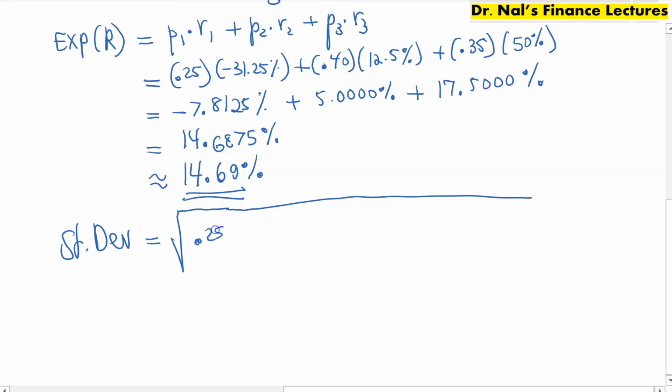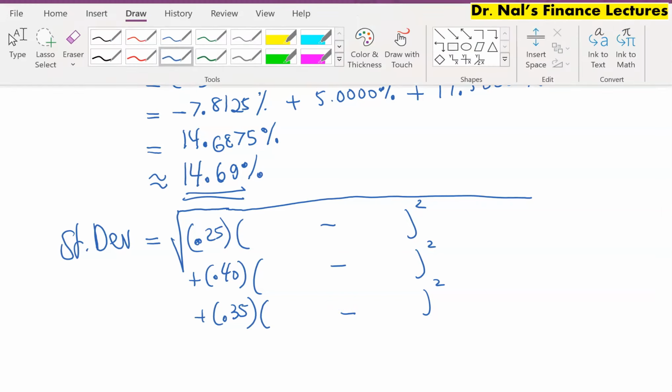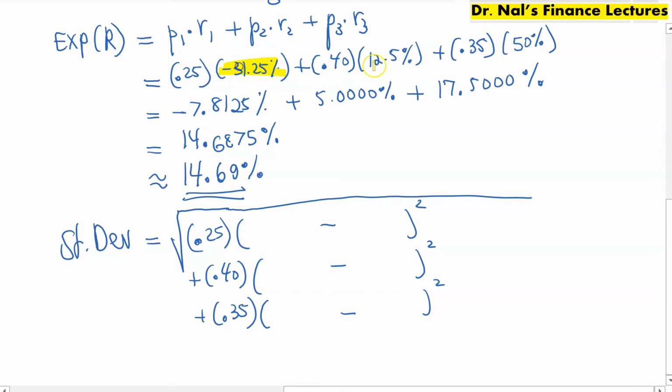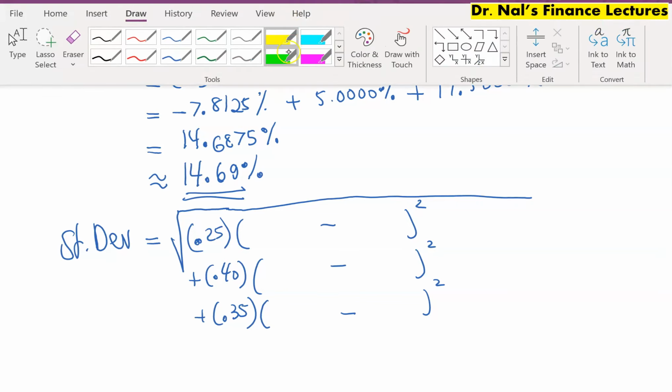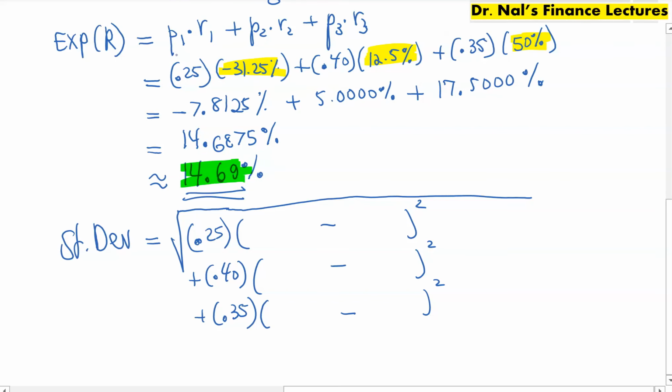So we will have that 25% probability of state 1, and then this squaring business here, plus 40% state 2 squaring business, and then 35% we will end up in state 3 squaring. There will be plus signs between them, and in each occasion, we have the original observation, and we subtract from these observations this number, the average. That's usually how we calculate the standard deviation.